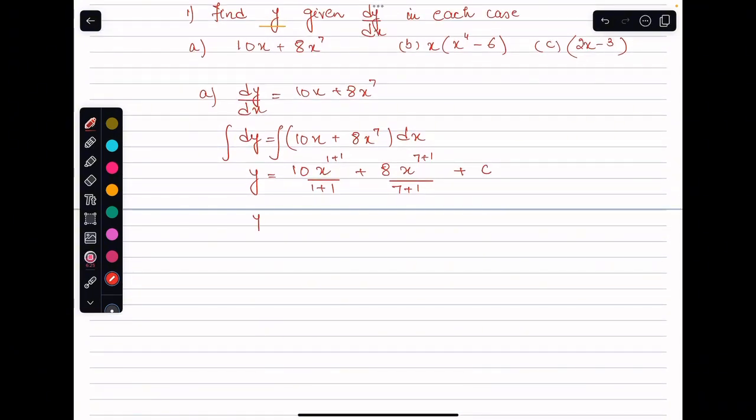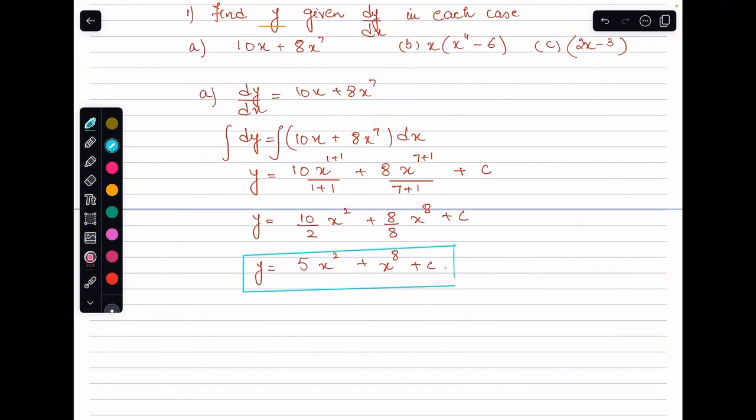So this means my y becomes 10 divided by 2 times x squared plus 8 divided by 8 times x to the power 8 and then plus c. So I can say that my y is equal to 5x squared plus 8 over 8 simplified gives me 1x to the power 8, plus c. So this is how I shall be getting my equation of the curve y in terms of x.